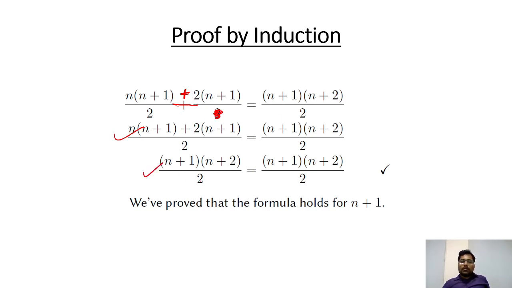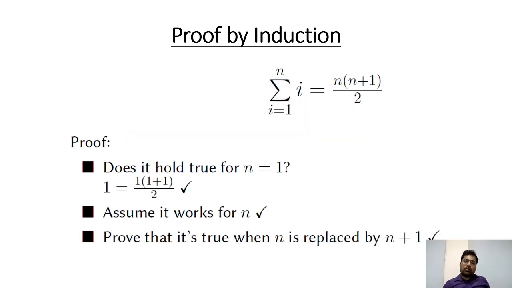Once you have taken it common, LHS is equivalent to RHS. So we can say the formula is proved for n plus 1. Since we proved it for n plus 1, we can say n is also true. This is how mathematical induction works.